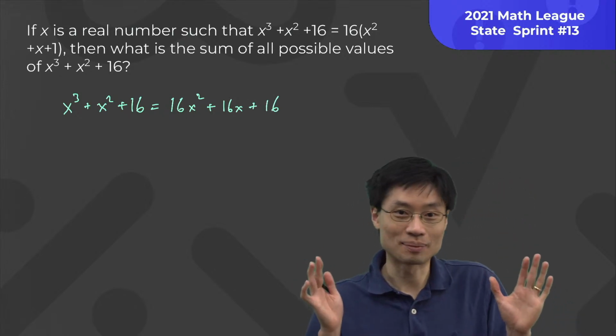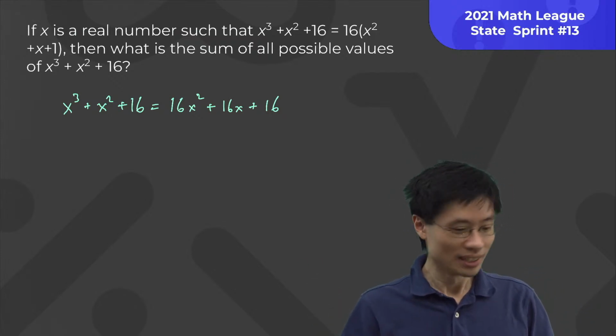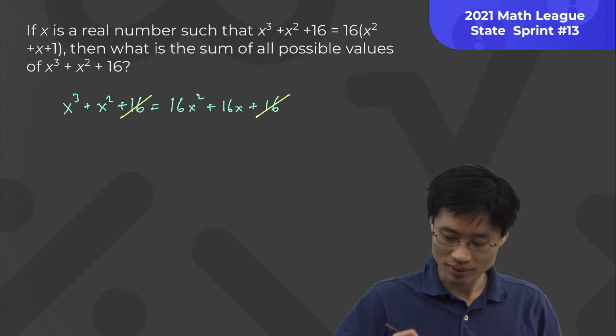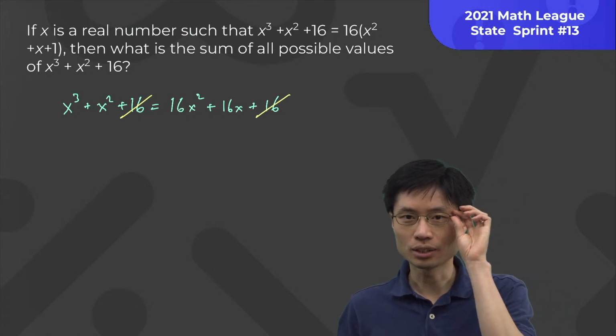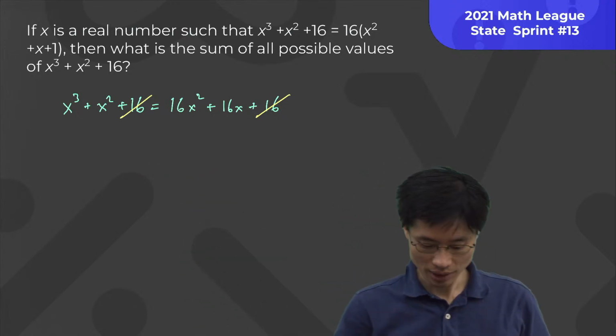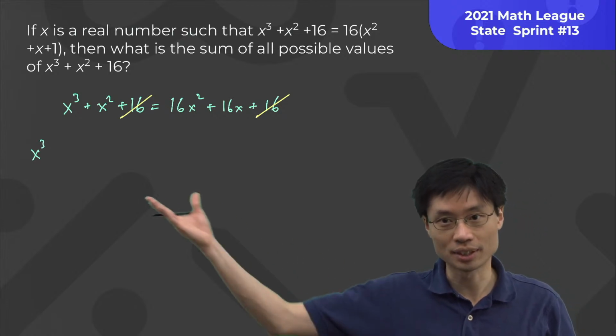We are hoping that something good will happen here. Okay, so I see a 16 on both sides. So let's just try to divide that out on both. Next, I guess I could try to put everything together. Now I find out that x cubed, subtract stuff so that everything's on the same side.